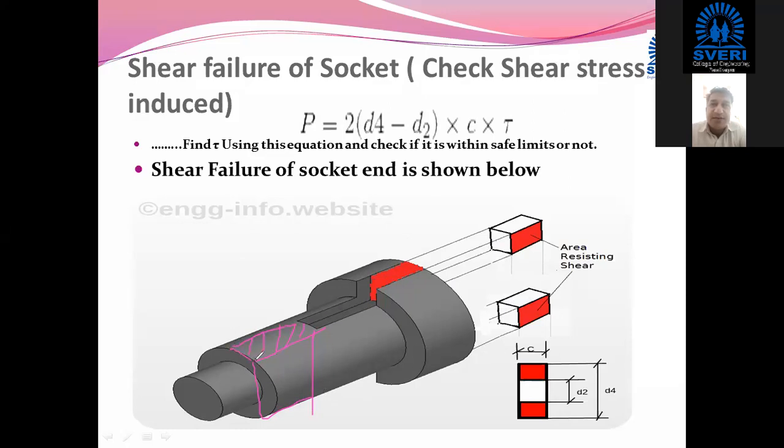Can anybody give me a logical answer? If I apply load P here and the spigot is inserted here, then the cotter pin is inserted and the load applied directly, and shearing is not taking place on this side. We are going to consider the shearing of this socket on the side opposite to this rod.